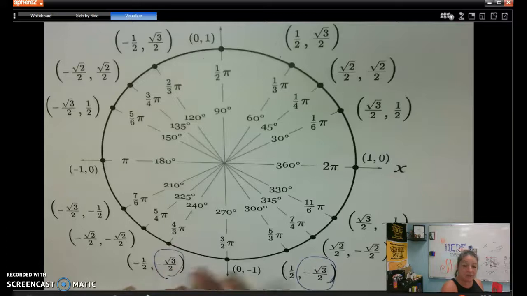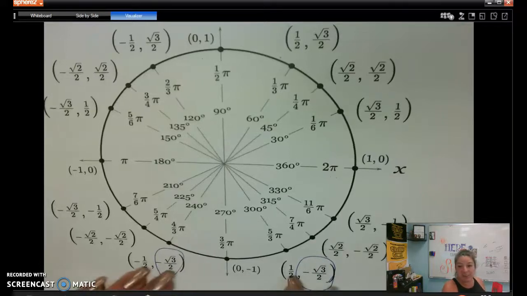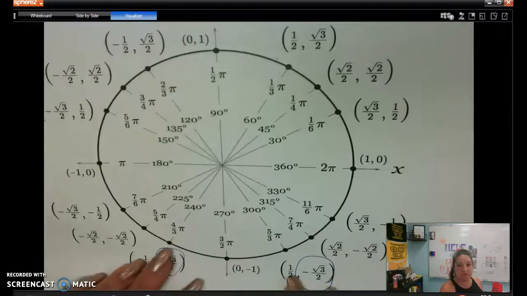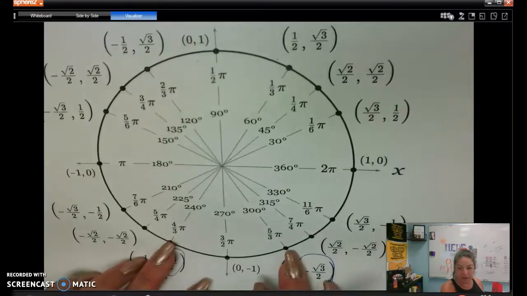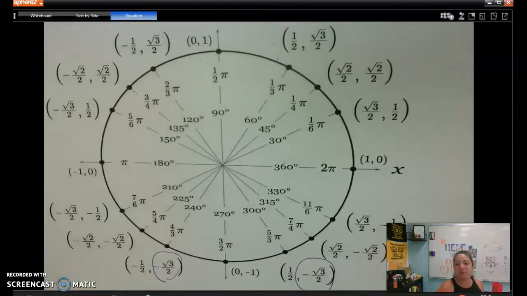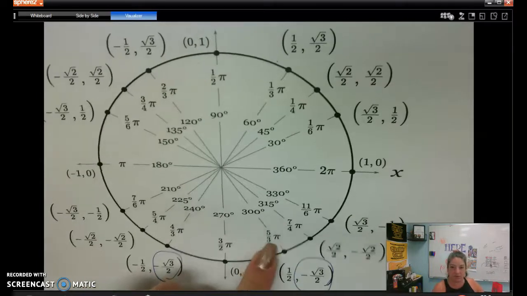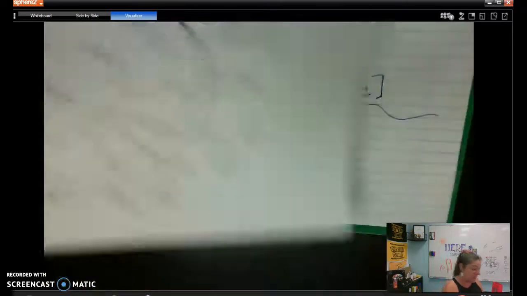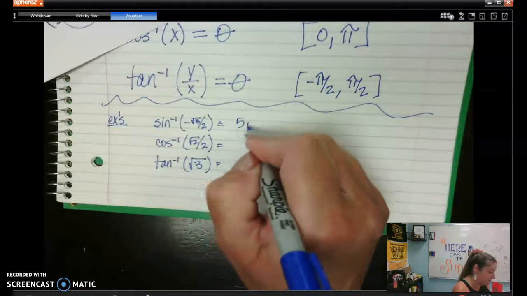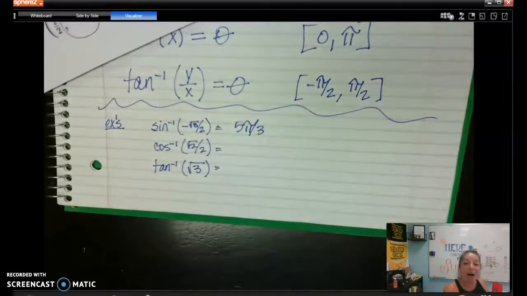Both of these answers are correct: 4 pi over 3 and 5 pi over 3, totally correct. But we don't need to be redundant. We don't need to write them both down. We can just define it. It's going to be the same as this one. So this answer is, in fact, 5 pi over 3.